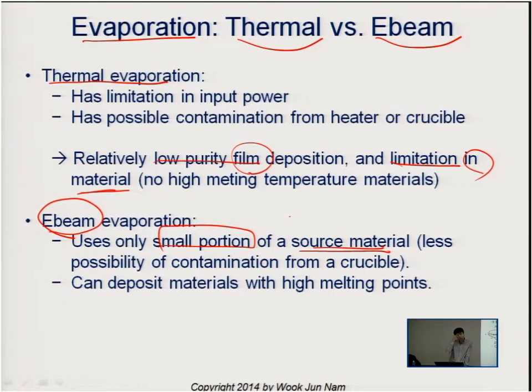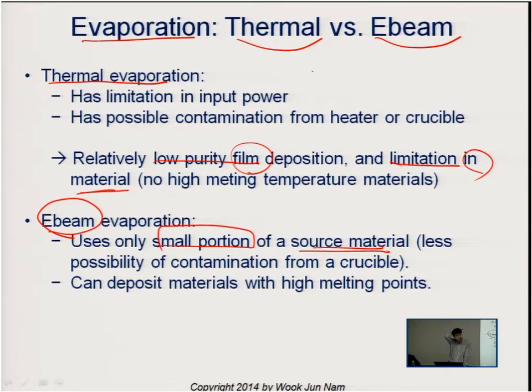For thermal evaporation, there is a limit: you can load a certain amount of the source material per boat. If you load too much material into a boat, after it is melted down, it just overflows, and you eventually lose that source material.